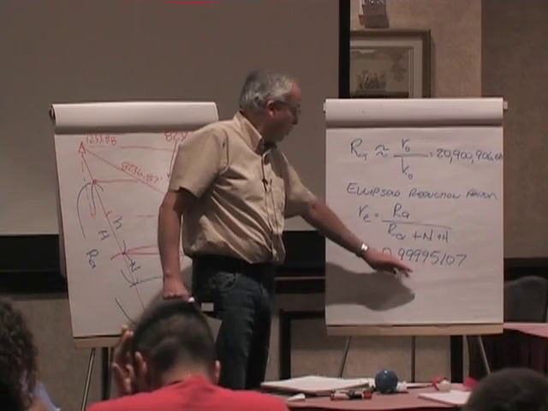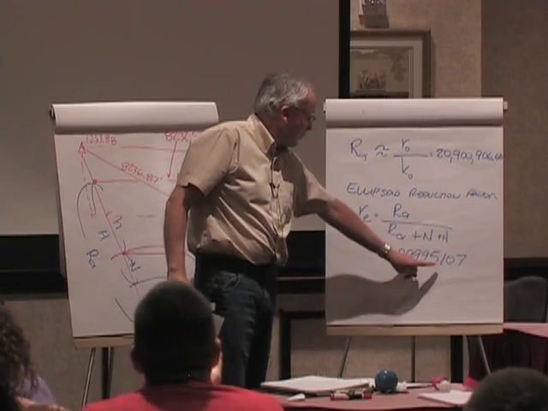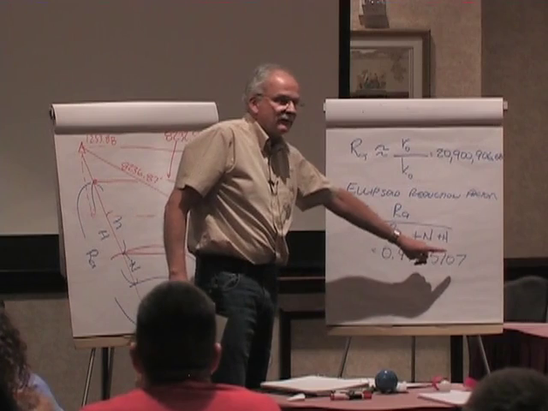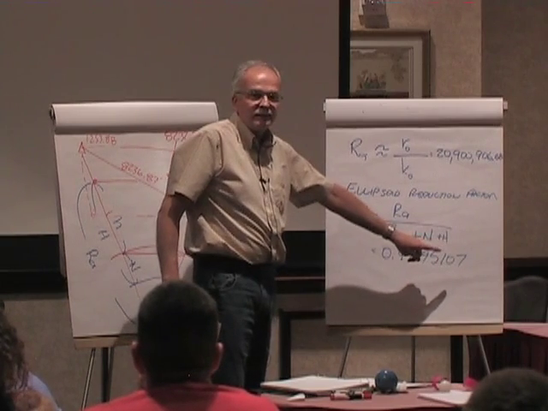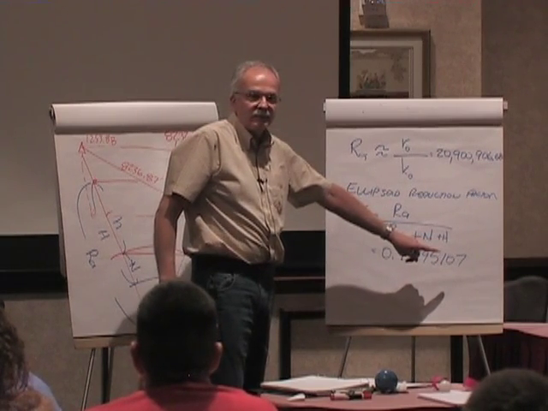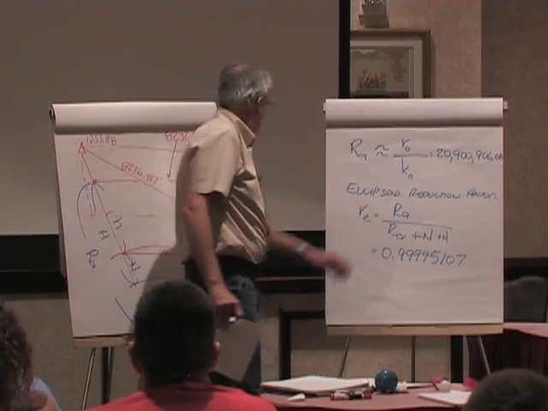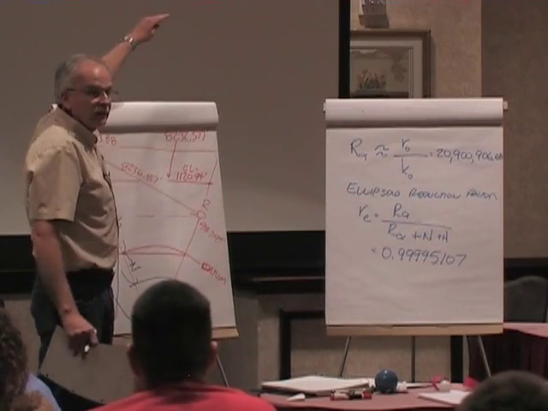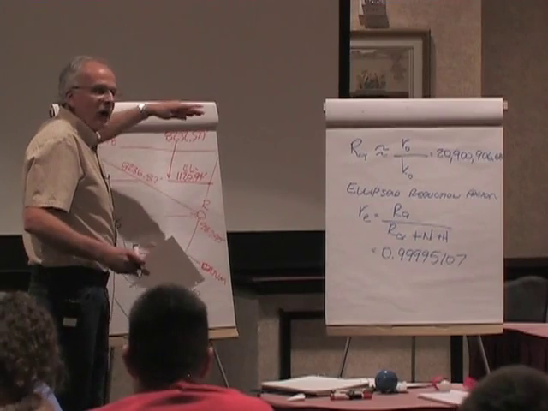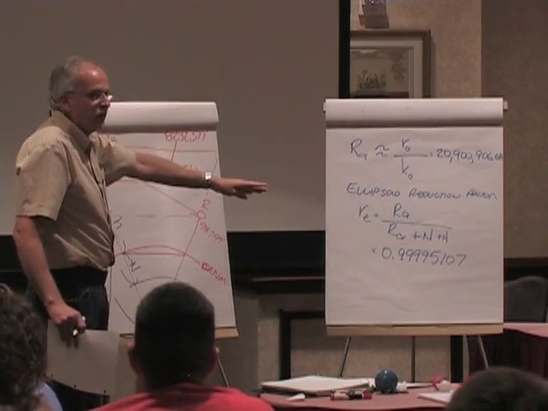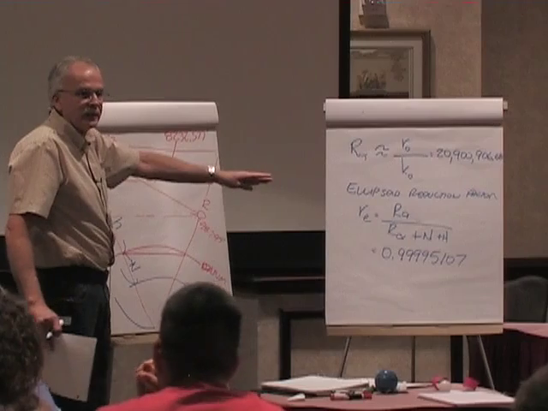If you got 1.0004893, what would that tell you? You went the wrong way. You're actually now going from here and you're going this way. So think about it. Before you check your math that you did the math right, make sure the math makes sense.